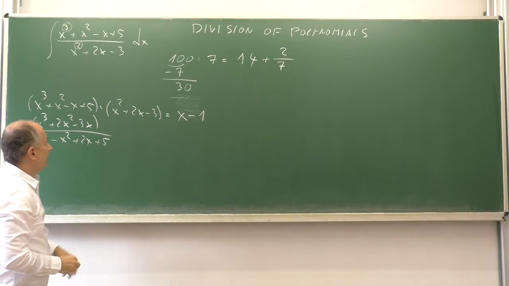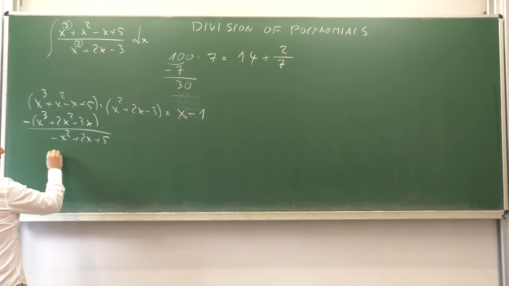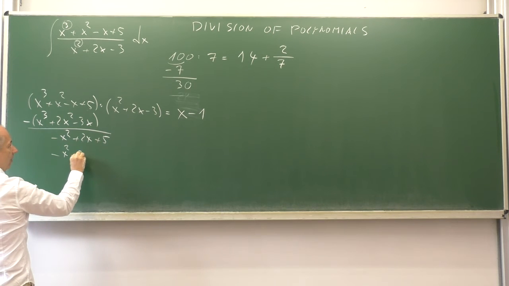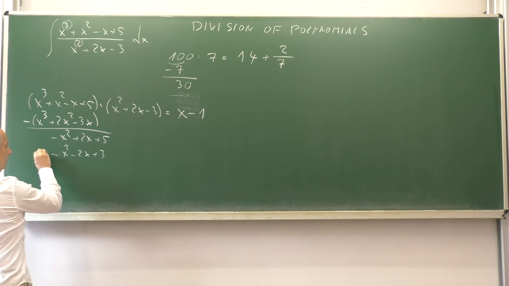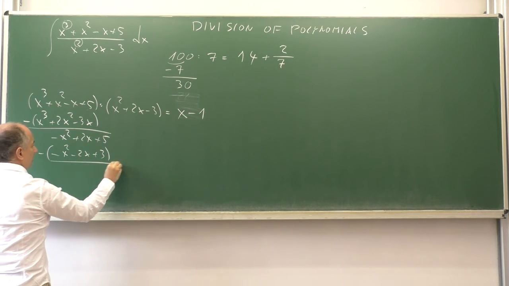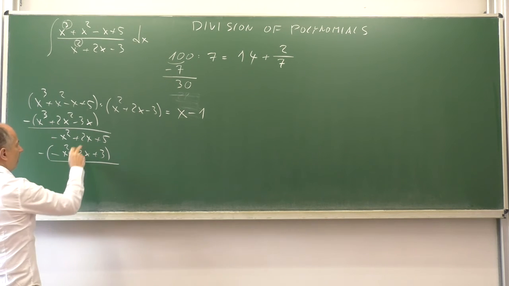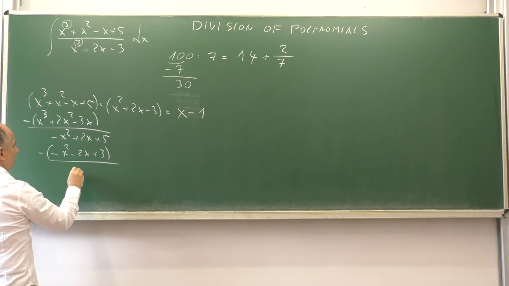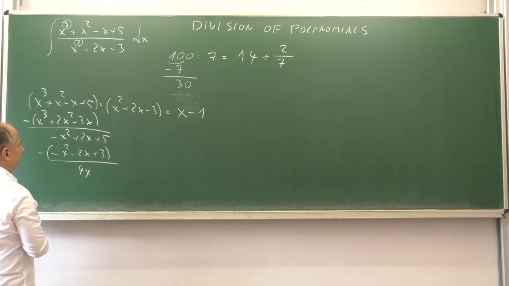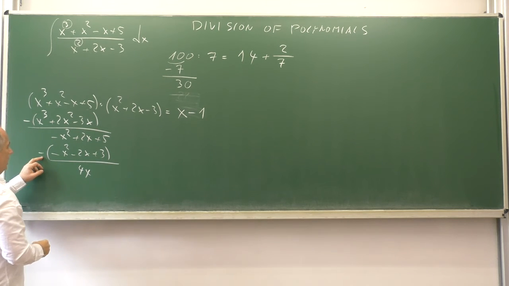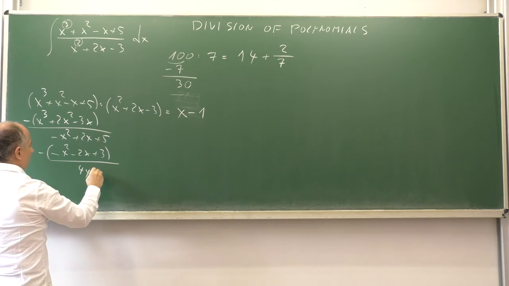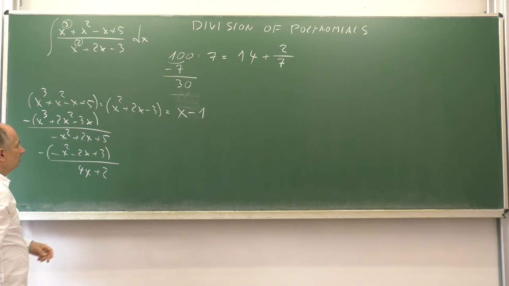And we multiply this by this. Minus 1 times x squared is minus x squared, minus 2x plus 3. We change the sign and we add. And we have minus x squared plus x squared is 0. 2x plus 2x is 4x. And then 5 minus 3 is 2.